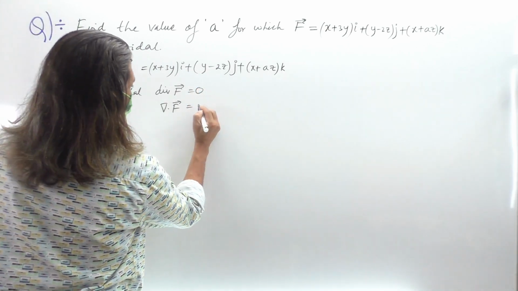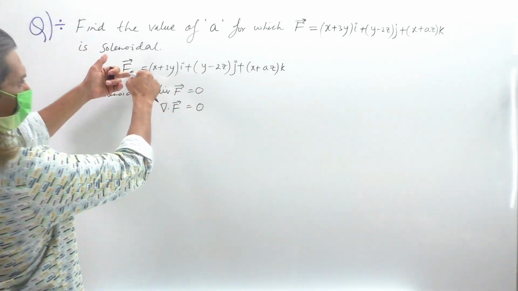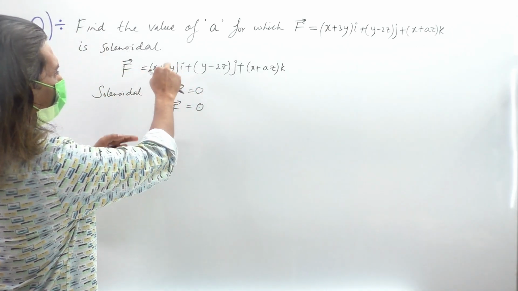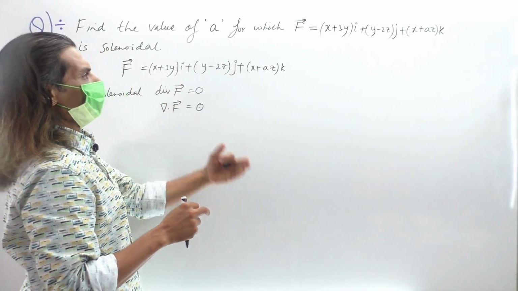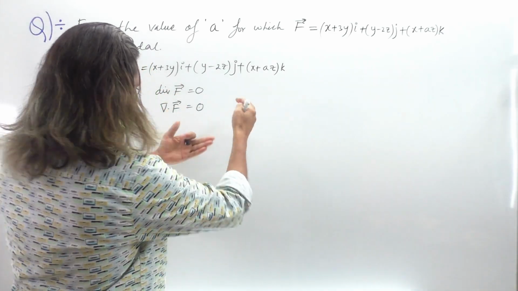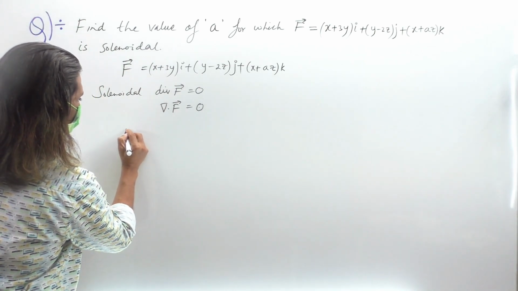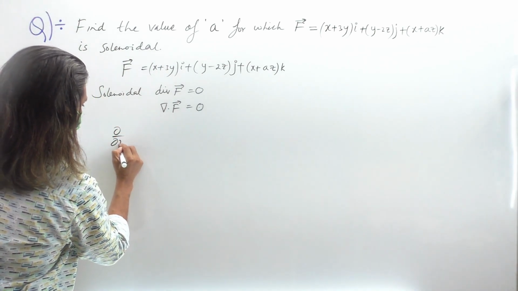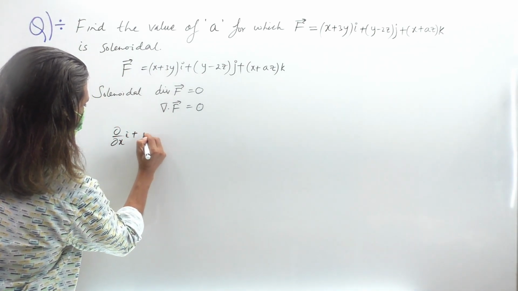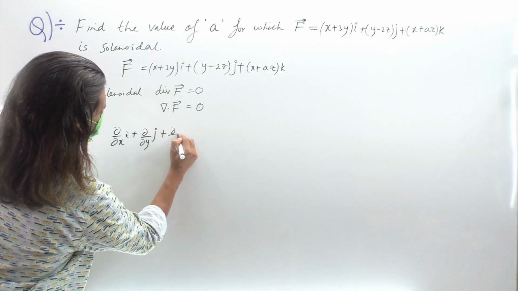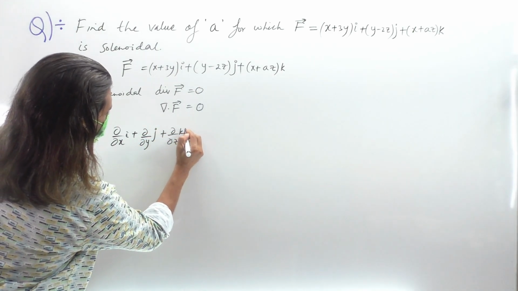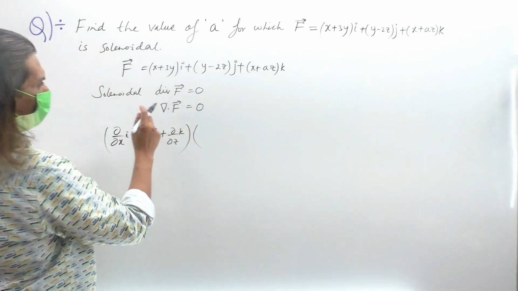So the condition is divergence of f is equal to 0. So we have f vector as (x plus 3y) i plus (y minus 2z) j plus (x plus az) k. So del is dou by dou x of i plus dou by dou y of j plus dou by dou z of k into f.